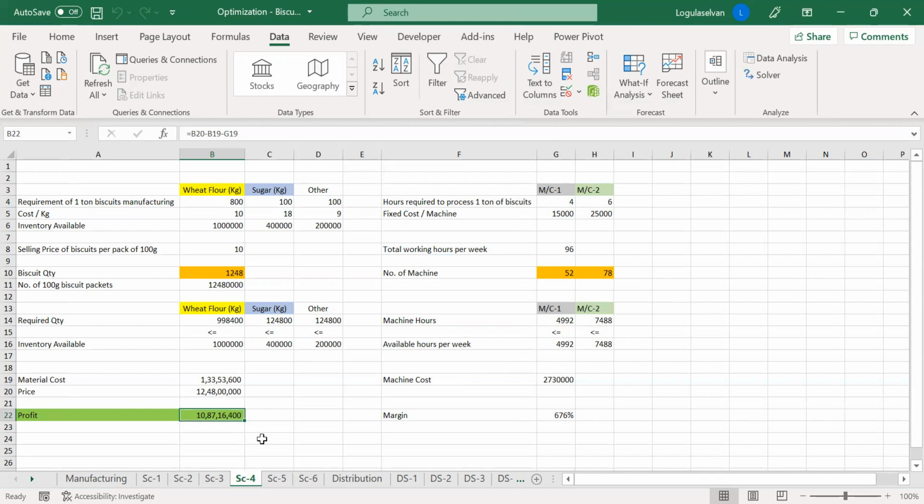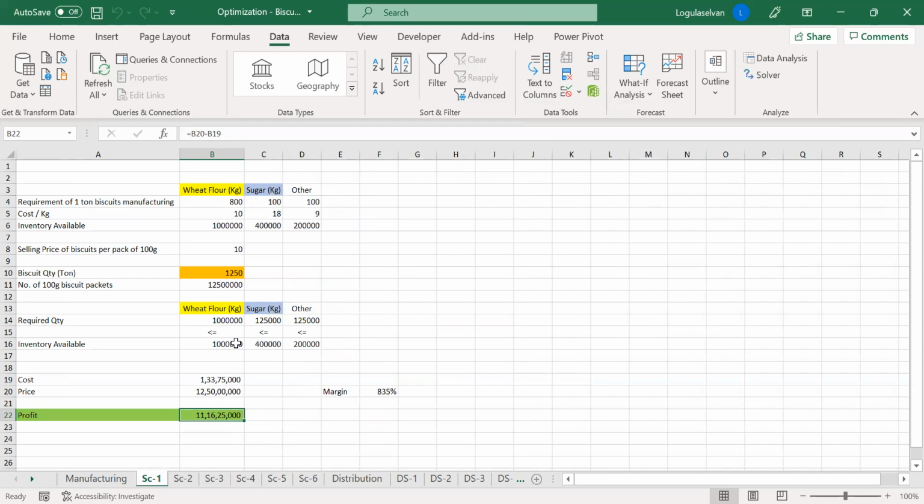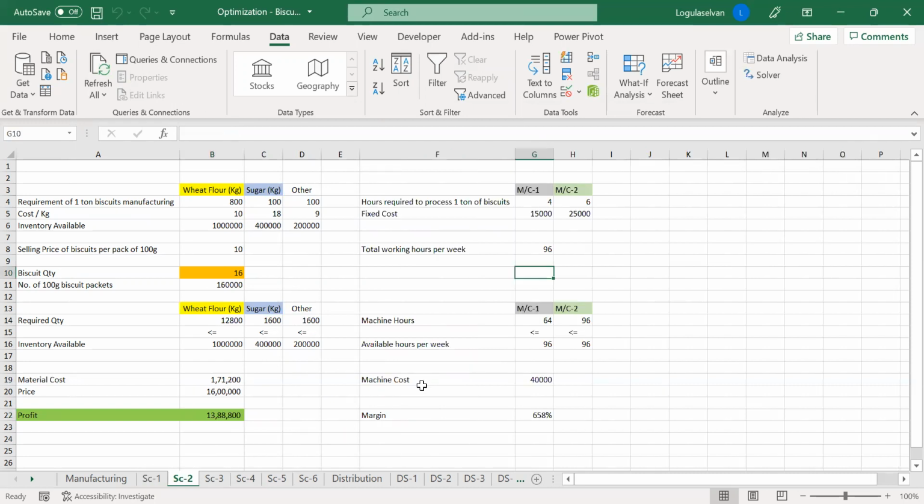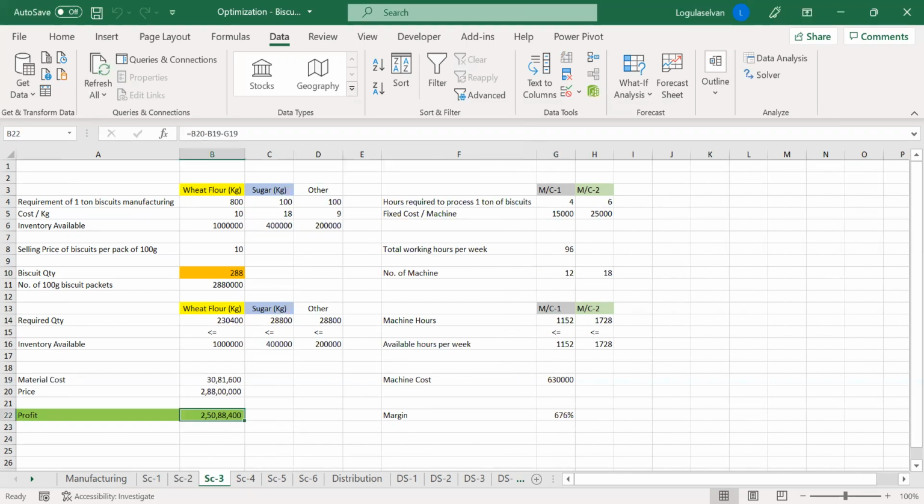Right now, we earlier started only with the inventory constraint, then we took up machine hours considering one machine, then we increased the number of machines with a fixed number of machines. Further, we allowed Excel itself to calculate the optimized number of machines the company should have to maximize their profit.